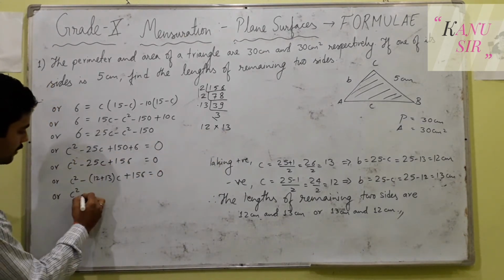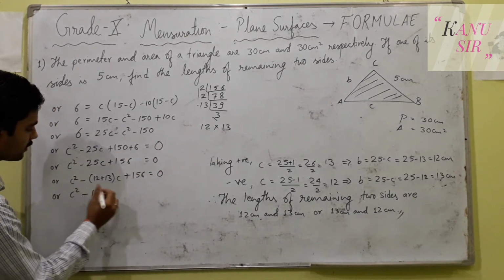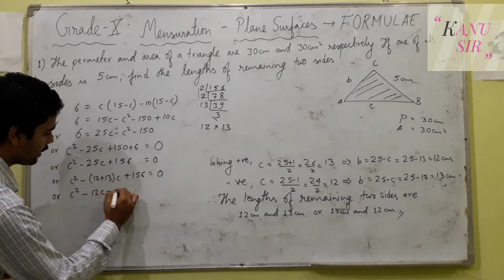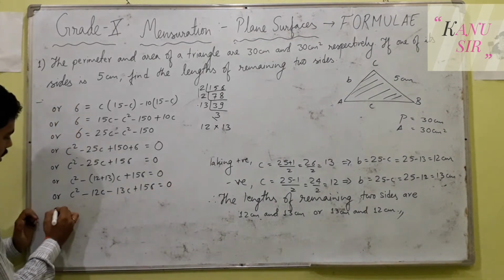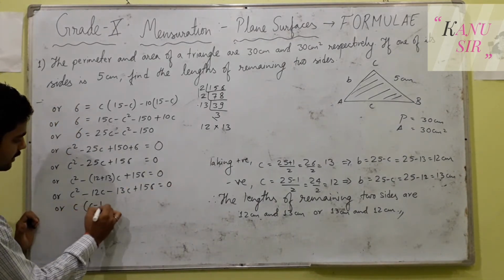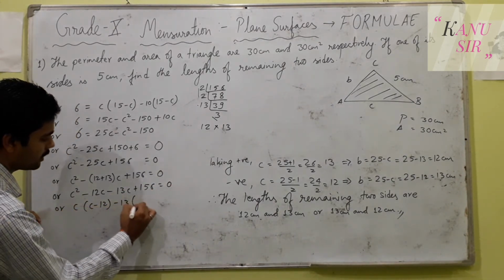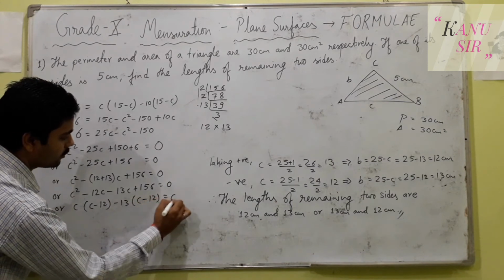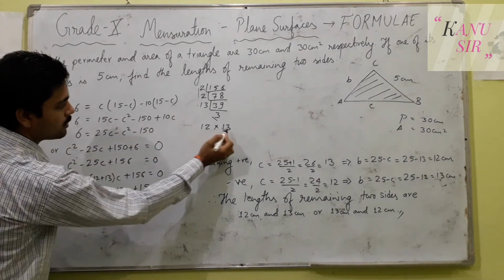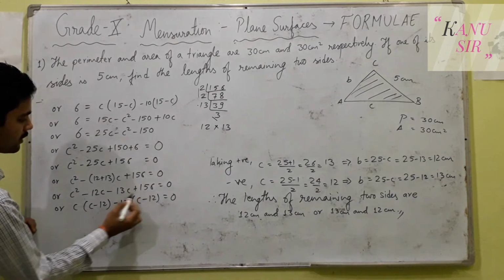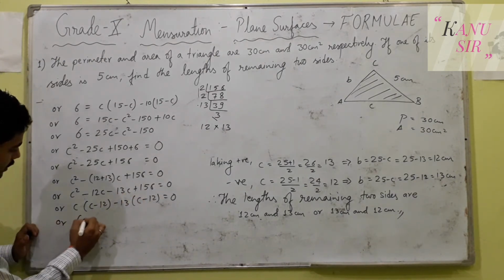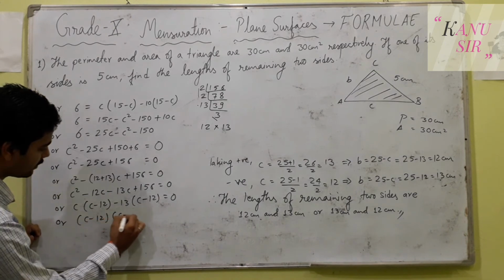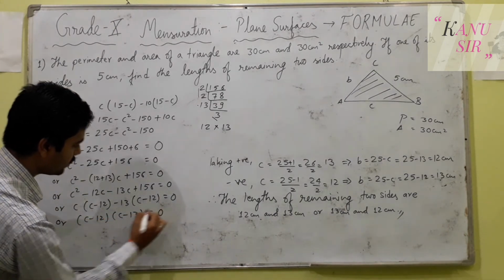So we write c² minus 12c minus 13c plus 156 equals 0. Taking c common, c(c minus 12) minus 13 common, (c minus 12) equals 0. Because 13 times 12 is 156, taking 13 common, you will get 12 remaining. And here (c minus 12)(c minus 13) equals 0.